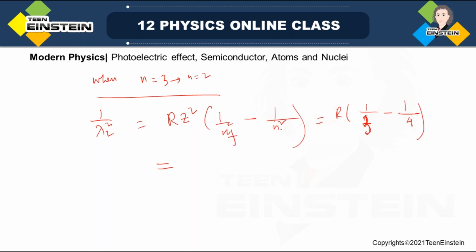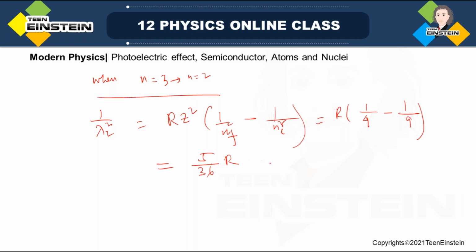This is final and this is initial. So final is 4 and initial is 9 here. So here actually you'll get 5 by 36 R.